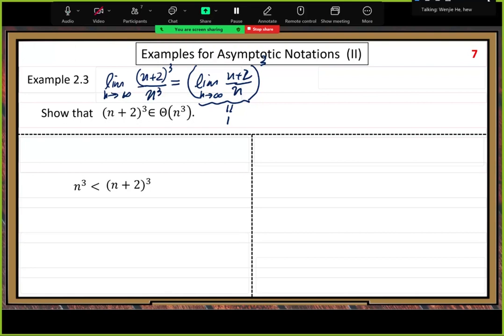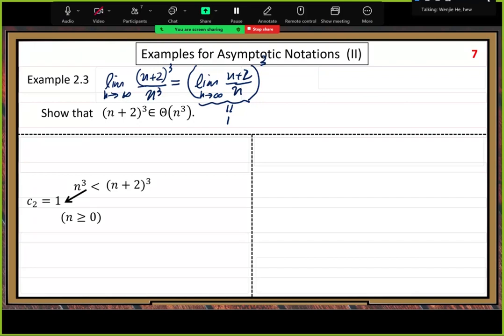If they cannot be negative, then we can raise both to the same power, the cube, and the inequality is still true. So when n is greater than or equal to 0, this inequality holds, and we get C2 equals 1.